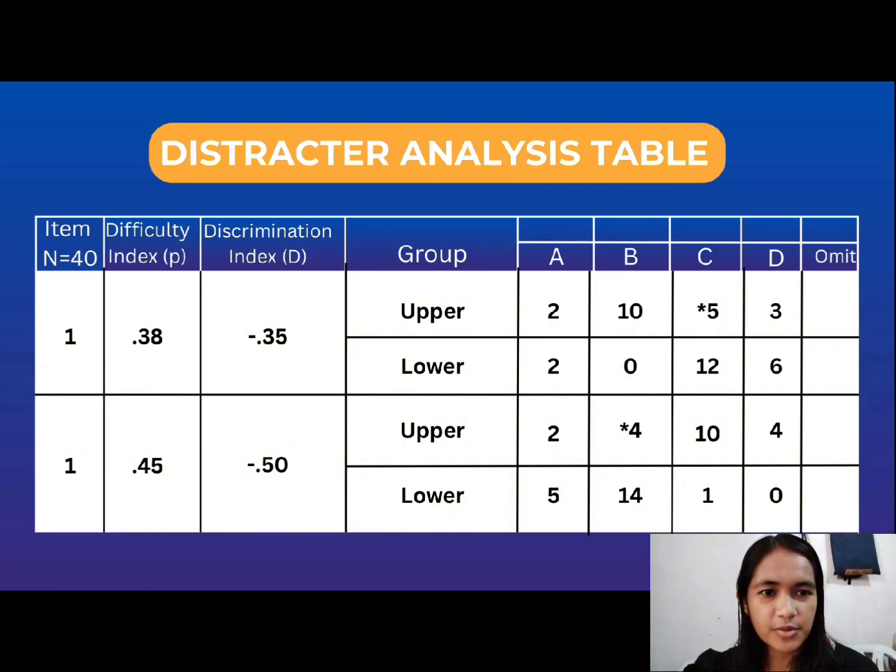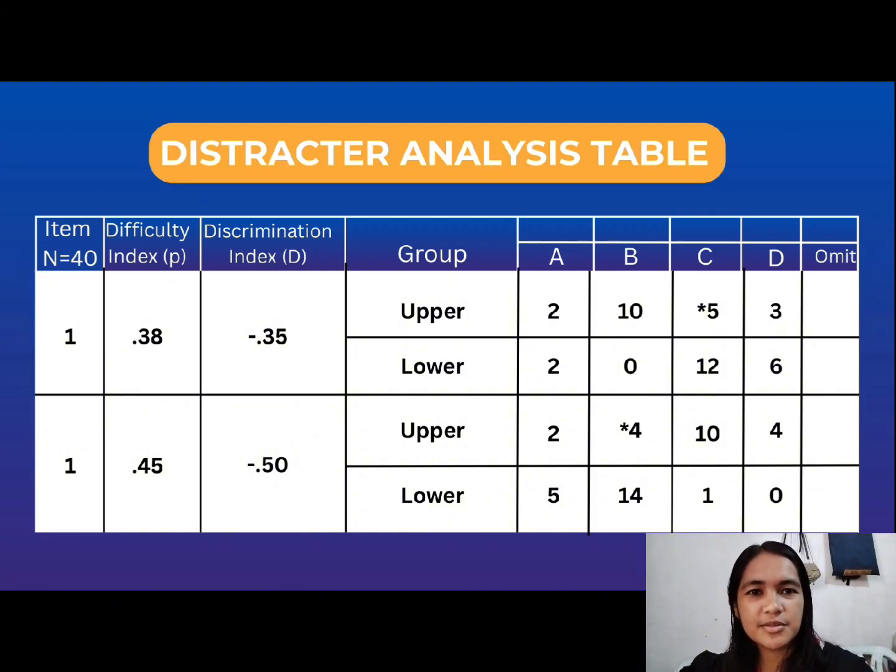And here we have a negative D. So it suggests that the item is negatively discriminating, which means that more students from the lower group answered the item correctly. Number three, which of the two items is more discriminating and why?